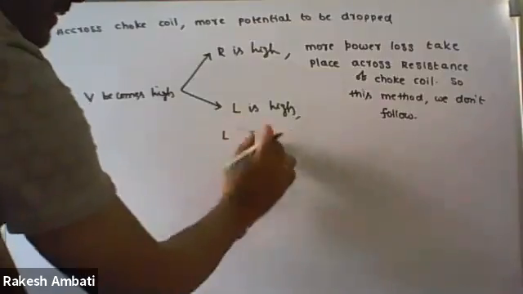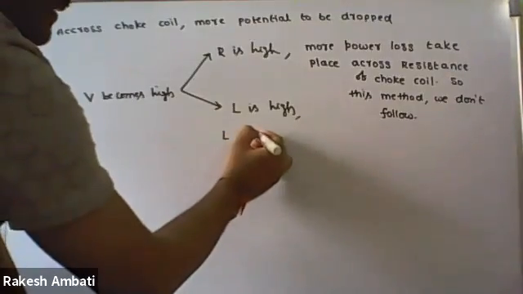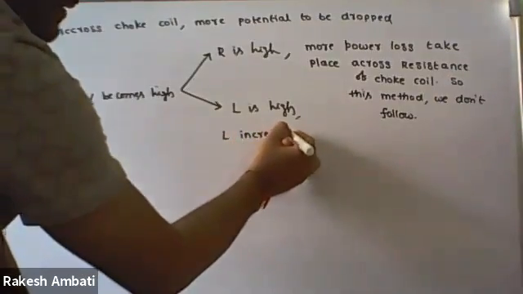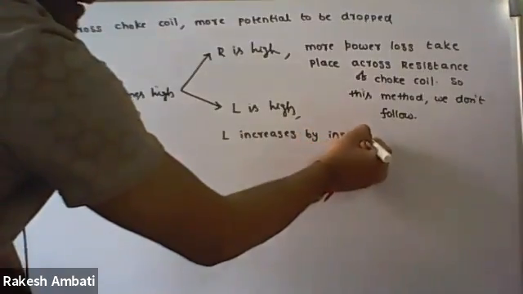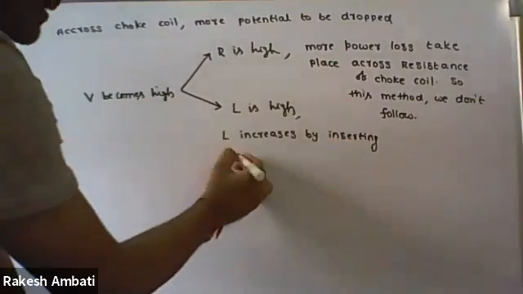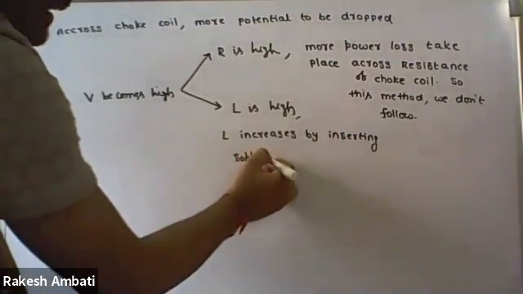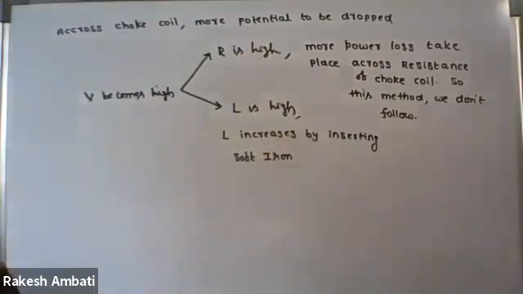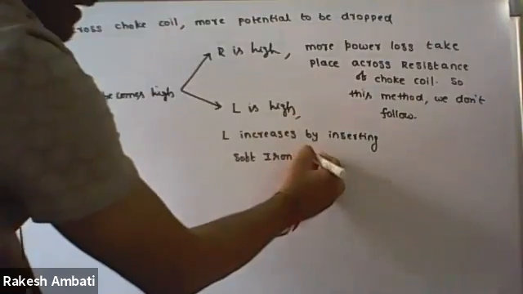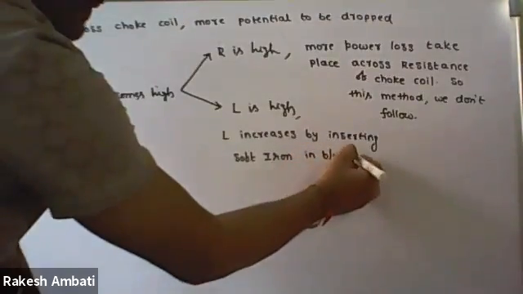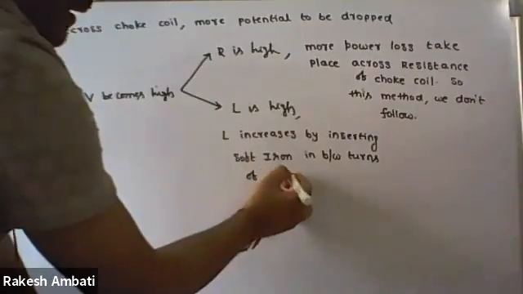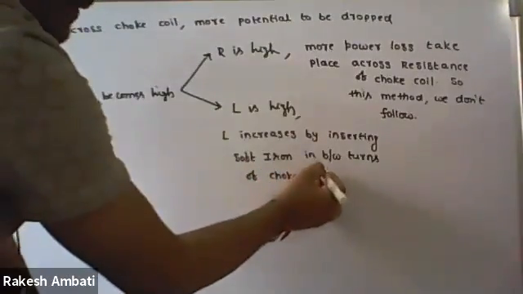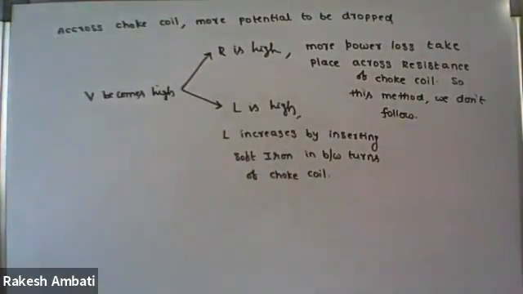L increases by inserting soft iron in between the turns of the choke coil.